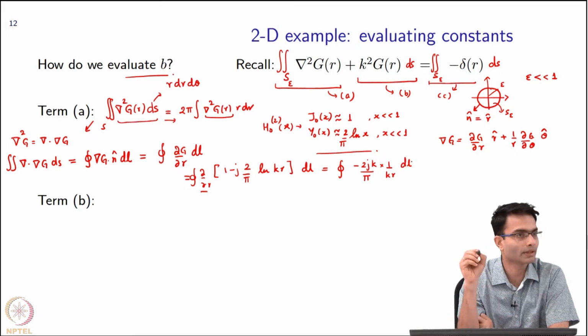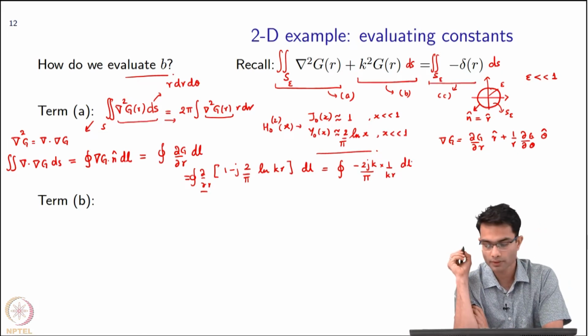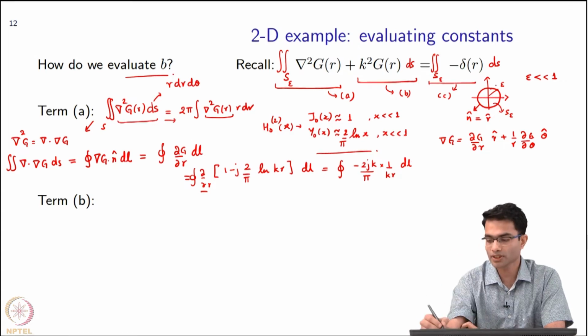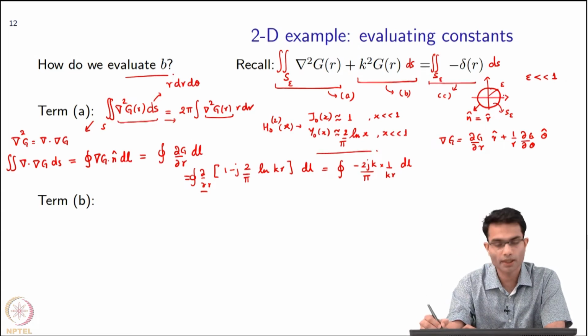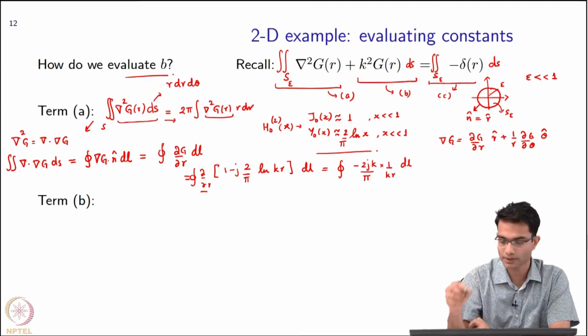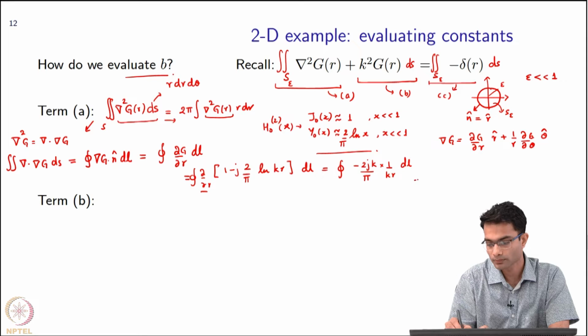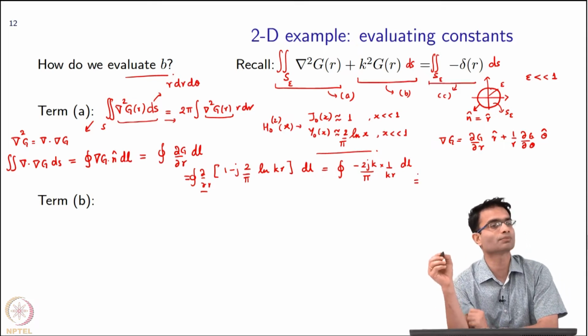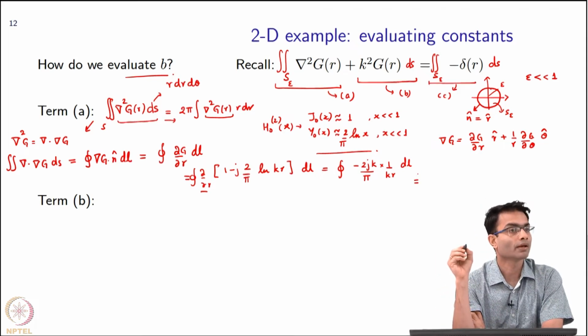K, right. So, I am going to get a minus 2 j k by pi, okay, into 1 by kr integrated over dl. Okay. What will this integral be? I am now doing this integral only on the surface, right. On this surface the value of r is constant, right, on the line rather. So, what will this integral evaluate to? Integral dl will just simply give me 2 pi r, and r is equal to epsilon, right.